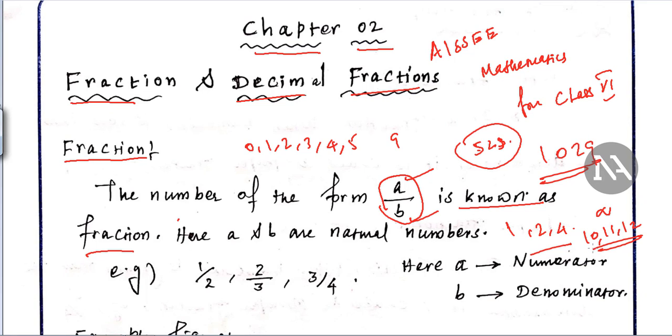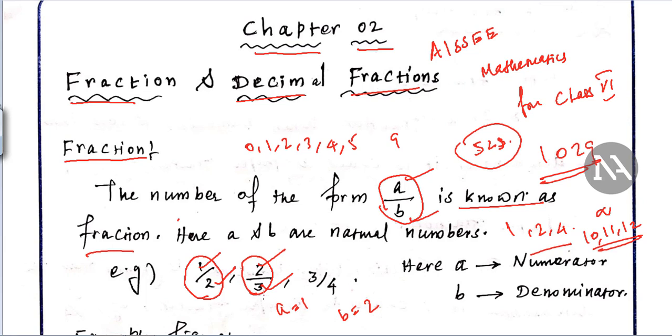Right? So an example is 1 by 2. It is a fraction. 1 is a natural number and 2 is a natural number. A divided by b, here a is 1 and b is 2. Similarly 2 divided by 3. 2 is a natural number, 3 is a natural number.